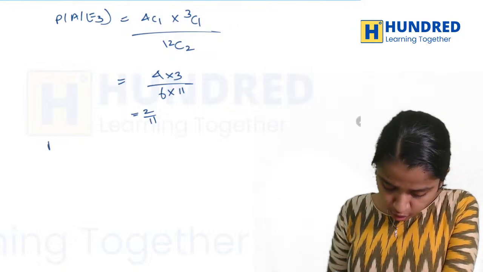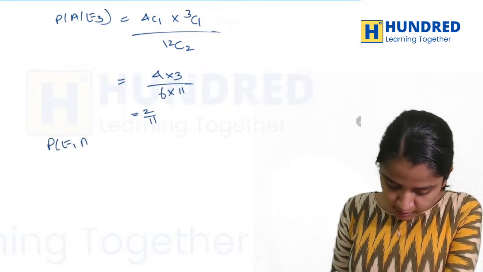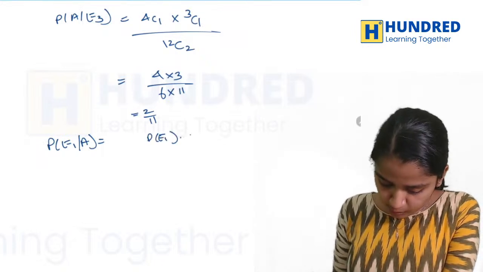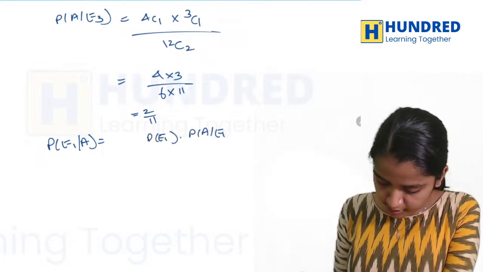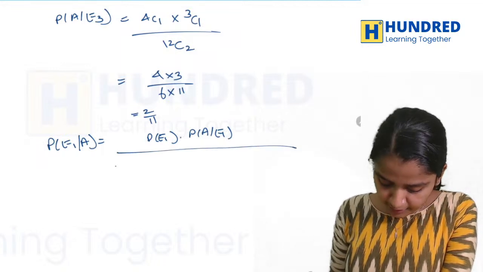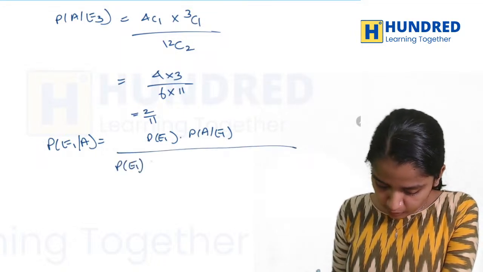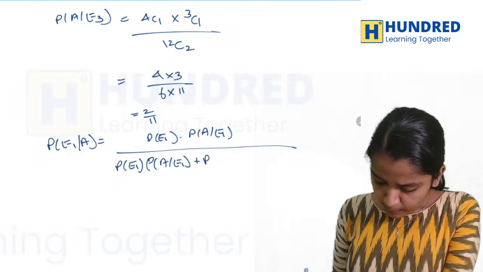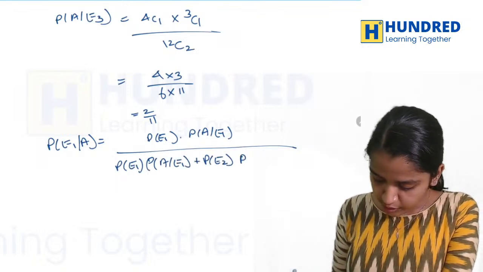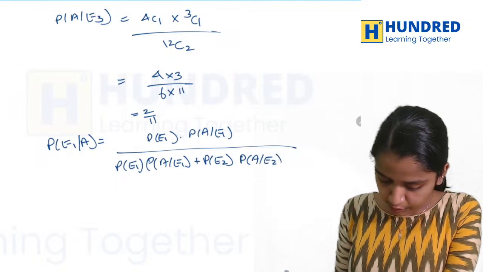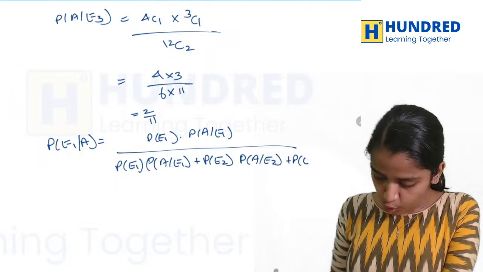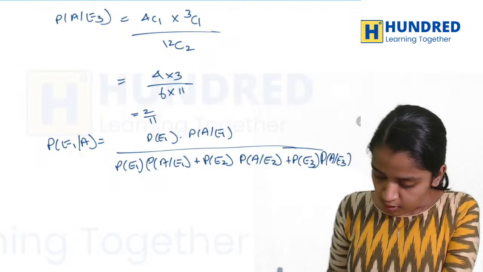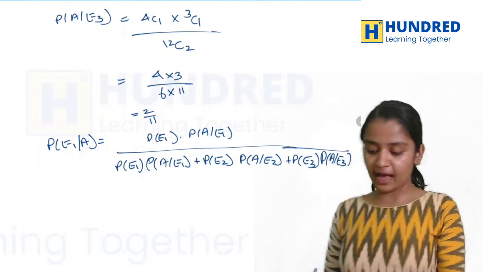So P of E1 given A is nothing but P of E1 into P of A by E1 divided by P of E1 into P of A by E1 plus P of E2 into P of A by E2 plus P of E3 into P of A by E3. This is what you will be having.